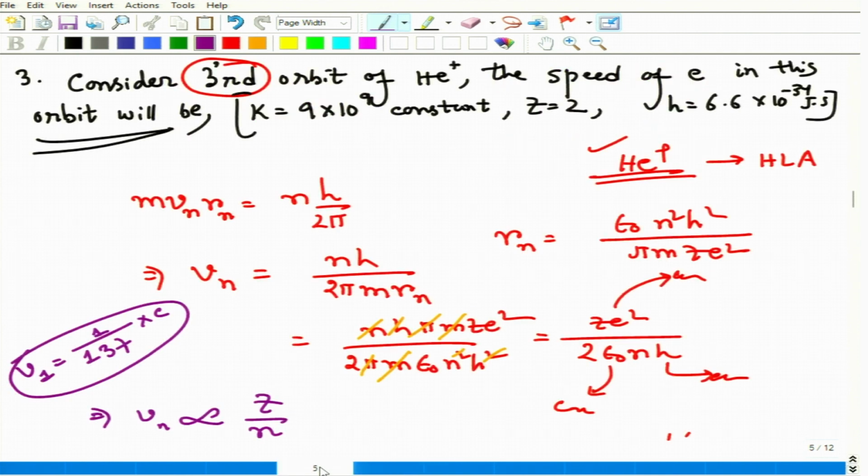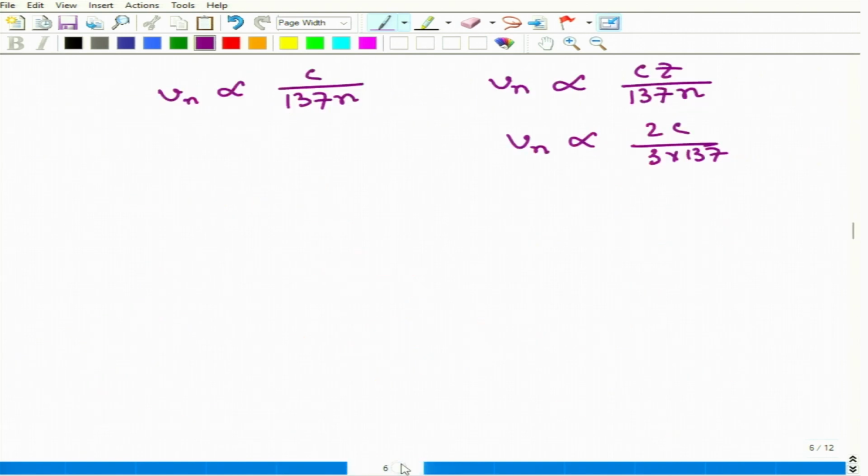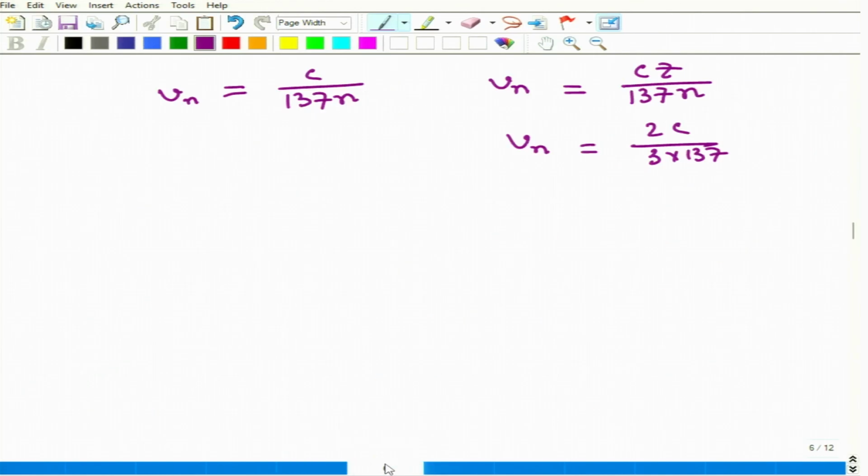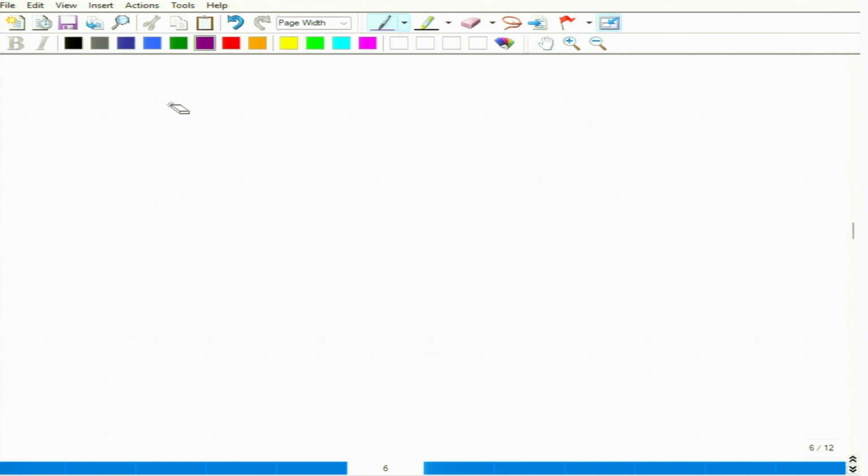What we need is that speed. But what is this K? H is also given. Okay, it's actually not proportional, it's equal. It's equal, not proportional. Okay, if it is clear, let me again explain it. I think that V1 for hydrogen atom for Z equals 1 is actually C by 137.